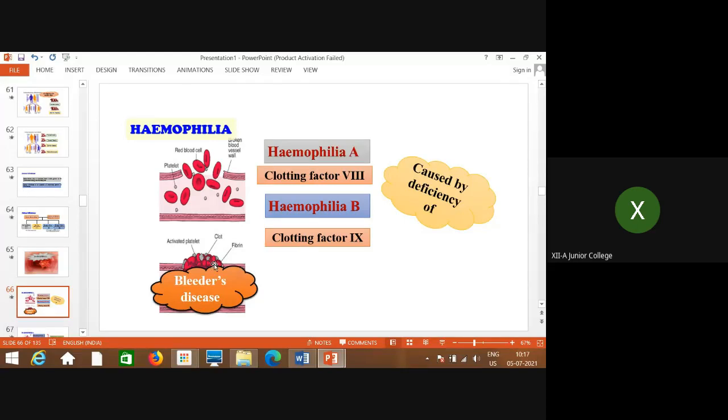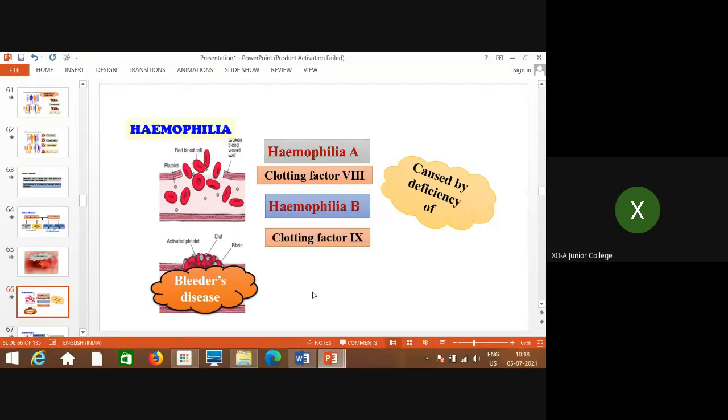This hemophilia disease is also called bleeder's disease. You know why? When there is any harm or injury to the body or the skin, blood oozes out, but within a few minutes there is clotting of the blood. A mesh is formed on that particular part, which doesn't allow the blood to come out.